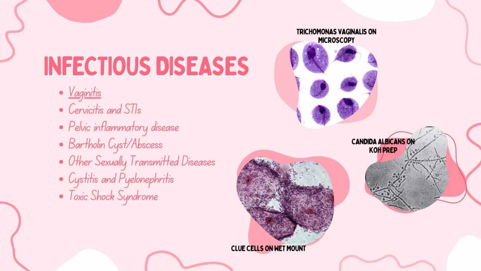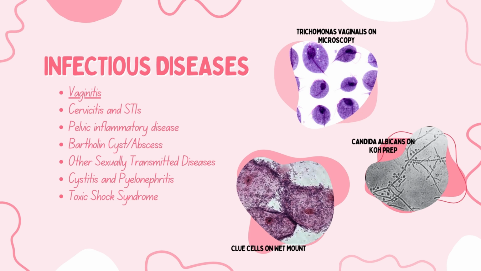So diagnosis. On wet mount, you're going to see clue cells. These are epithelial cells coated with coccobacilli. And there's a way to remember. You also can do the whiff test. I was reading the USMLE book, and this is how they remembered this test, and I thought it was so funny.